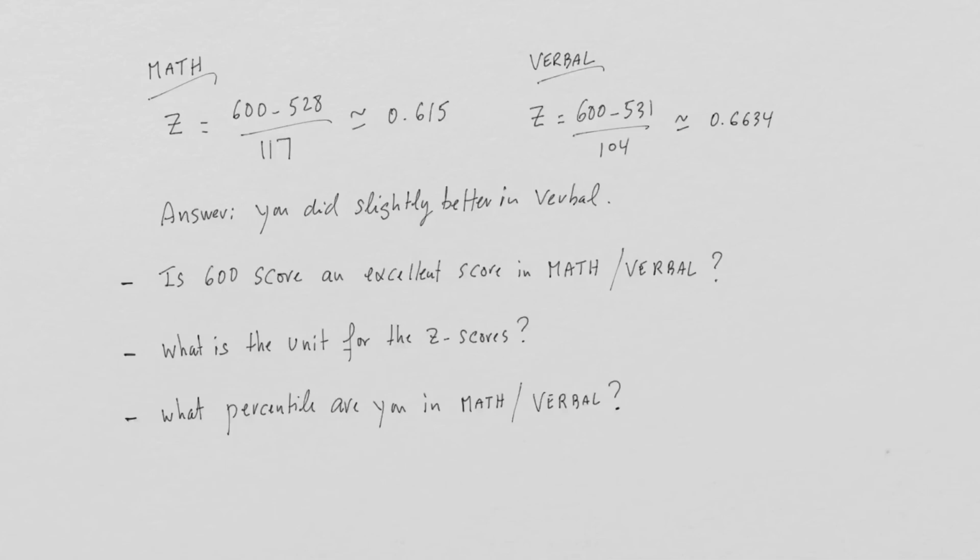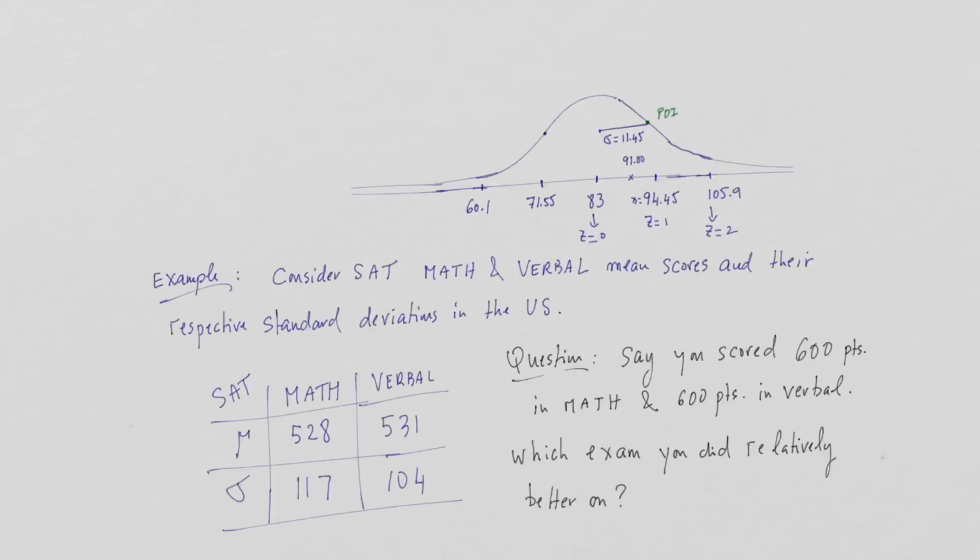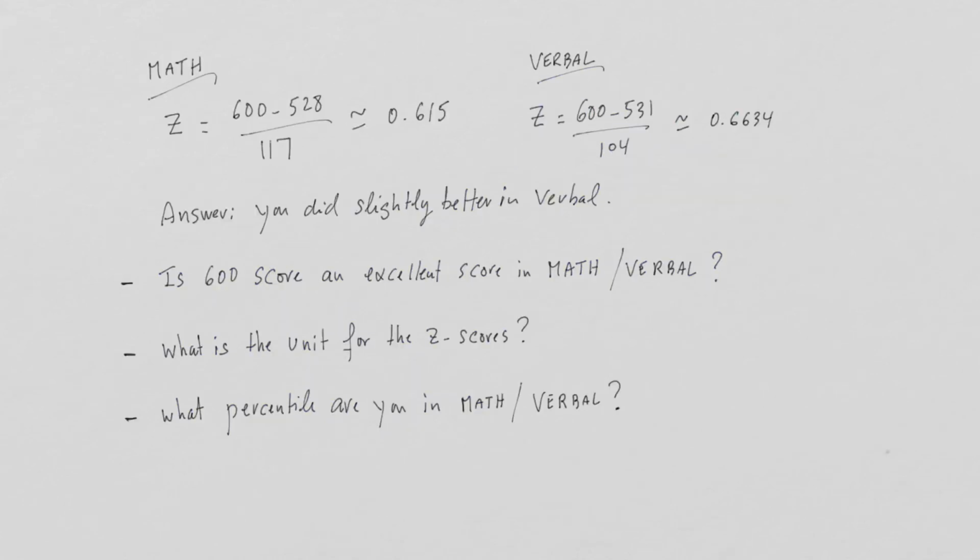I mean, -2 is better than -3. But 3 is better than 2. Makes sense? So the z-score for verbal is slightly better than the z-score for math. So I would answer and say, you did slightly better in verbal, even though both of your scores are the same. You actually did better in verbal.